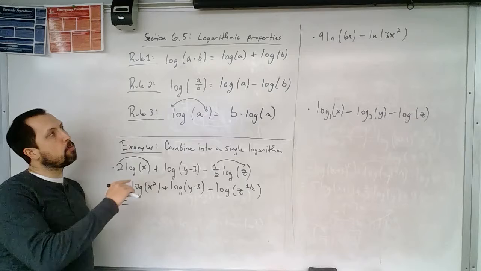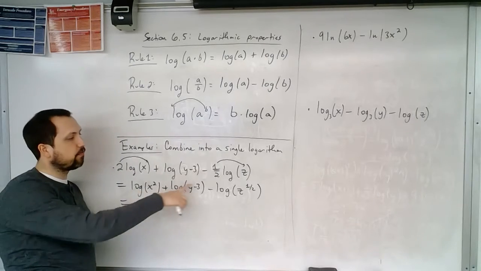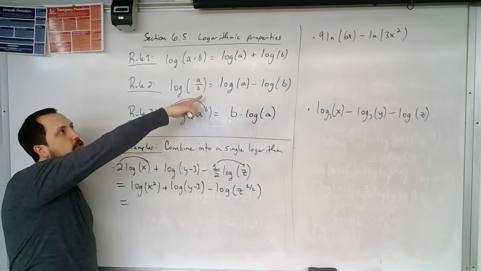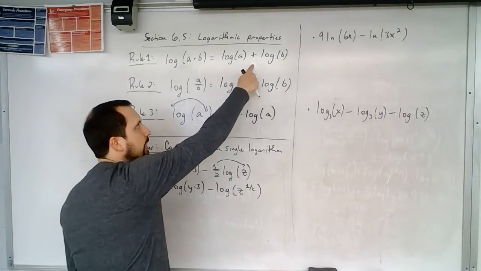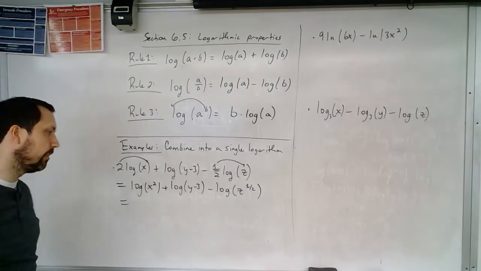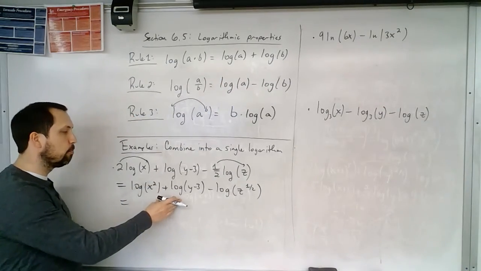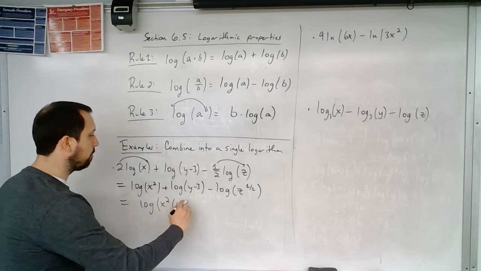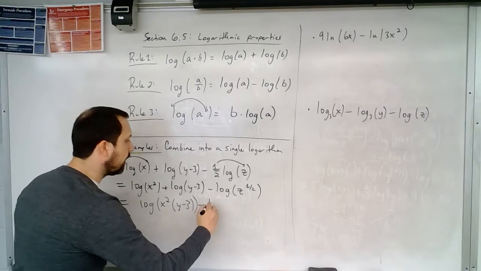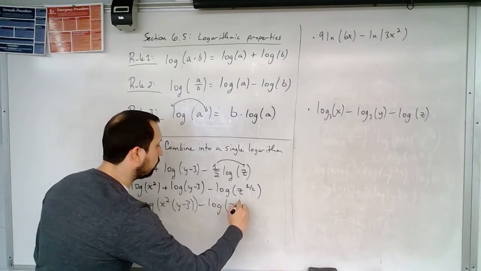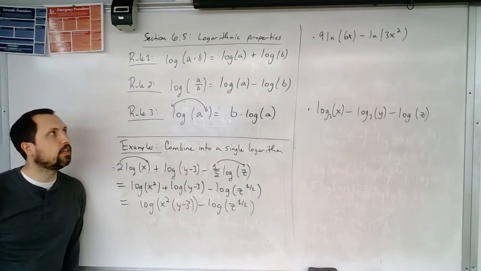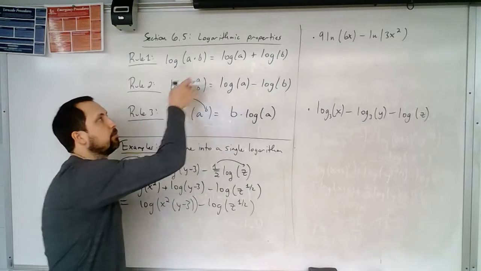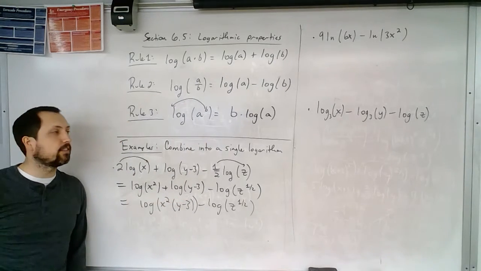Now that I have no more coefficients out in front, I can use these rules. So here it says if I have addition on the outside, that becomes multiplication on the inside. So here I can turn that into a multiplication. I have log of x squared times y minus 3 minus log of z to the 1/2. Then if I have subtraction on the outside, I can turn that into division on the inside.